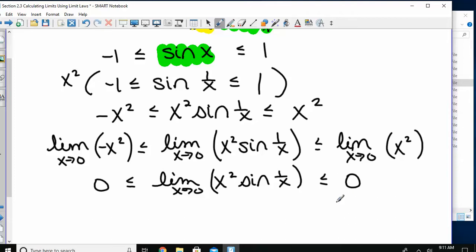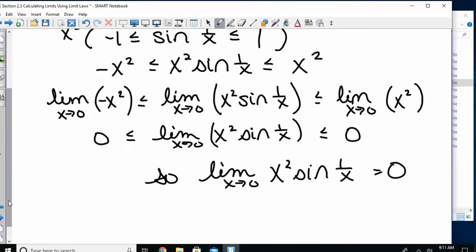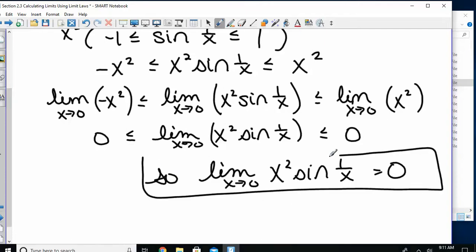So if this thing has to fall between 0 and 0, then we know it equals 0. And that's the squeeze law.